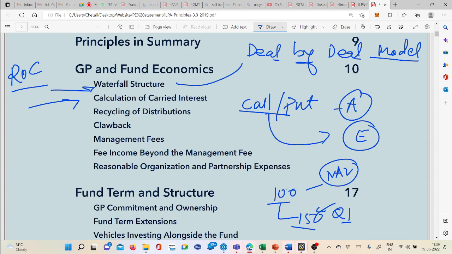Because nobody will pay incentive fees or any commission on capital. As simple as that. 100 is the capital, and 50 is the gain. On a gain we can pay the commission, right?